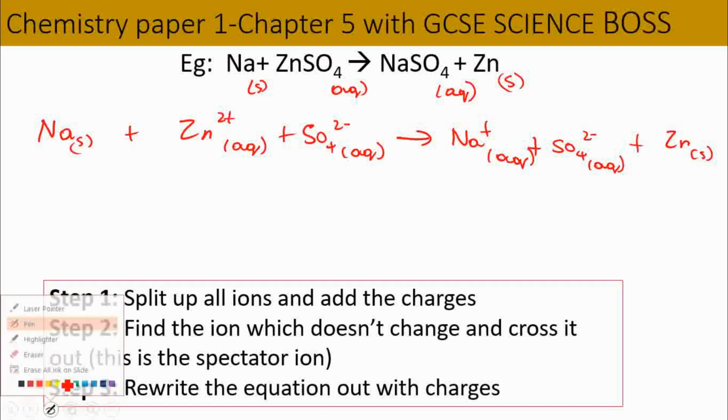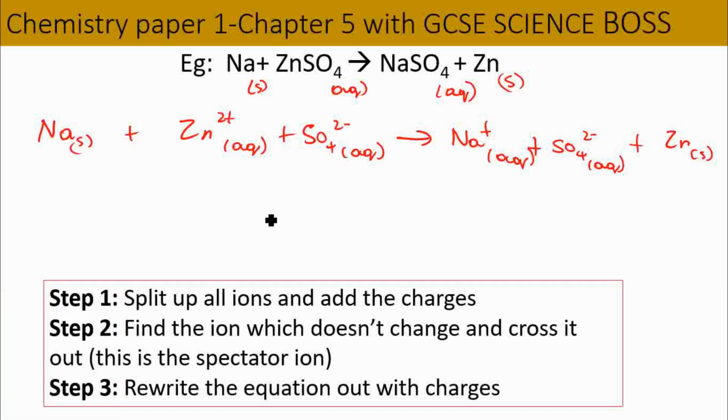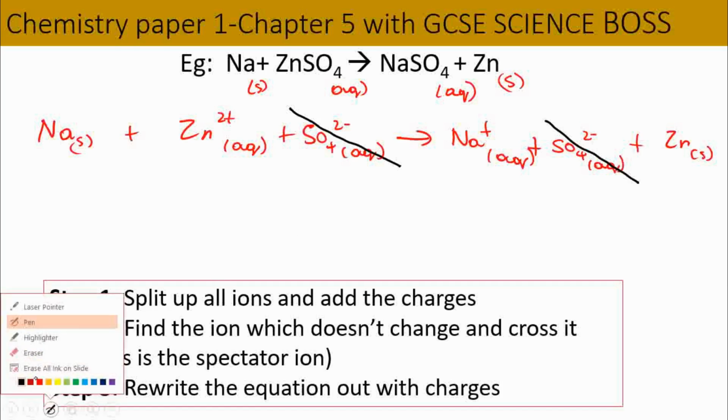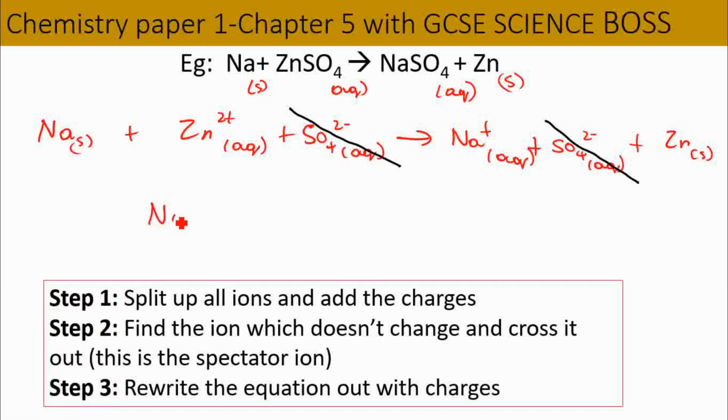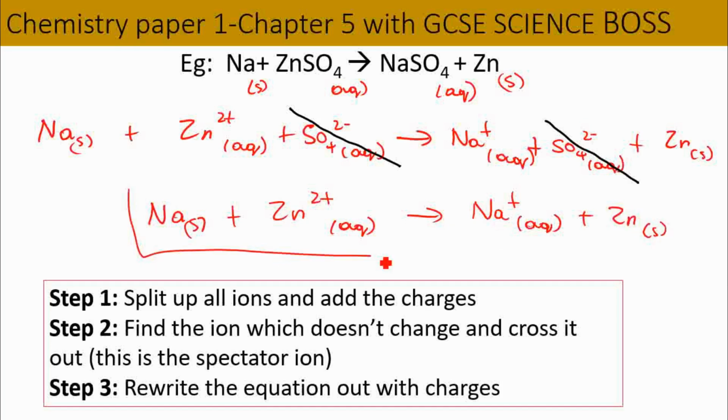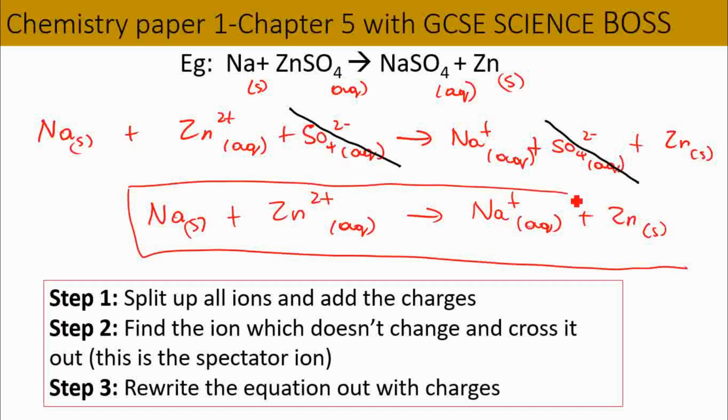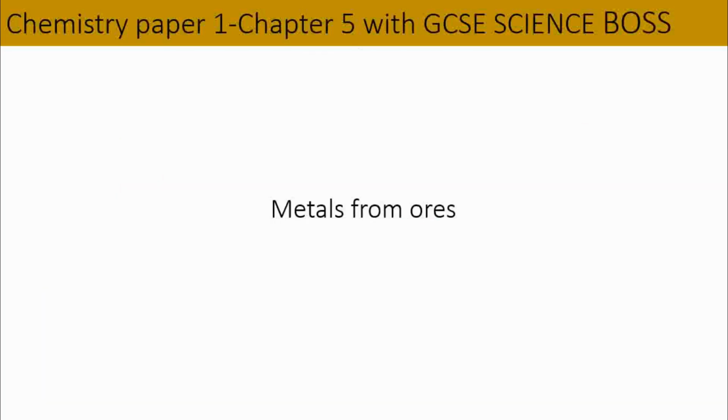Then we go to our next step where we're now going to cancel out our spectator ions, SO4, SO4, and then we rewrite this. What we have there, Na solid plus Zn2+ aqueous, will form Na+ aqueous plus Zn solid. All right, and this is now your answer for the ionic equation.